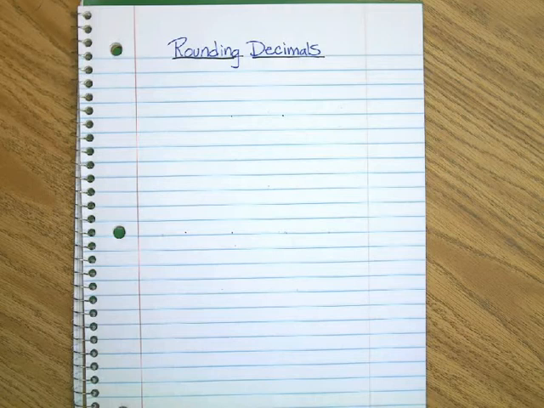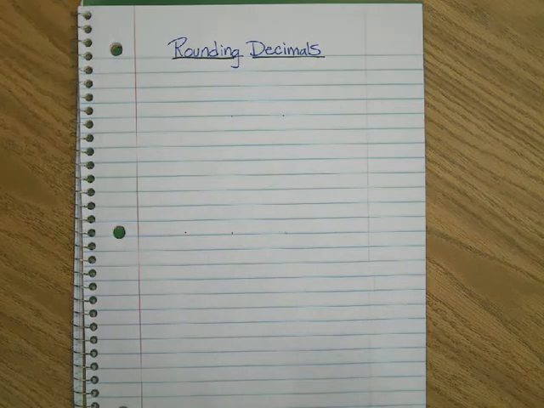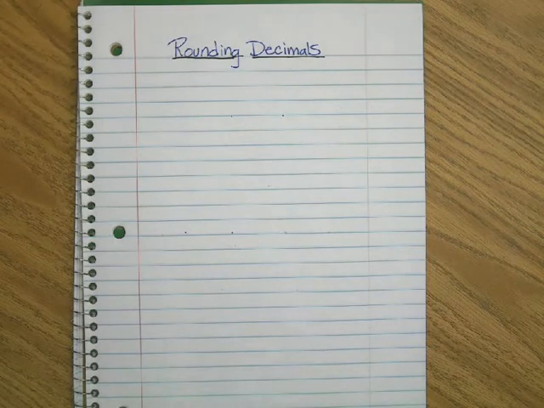Alright, so we round decimals when we are estimating, okay? Why do we estimate? Max? Okay, it helps us get closer to finding our answer. Brooklyn? So you don't have to write down everything.